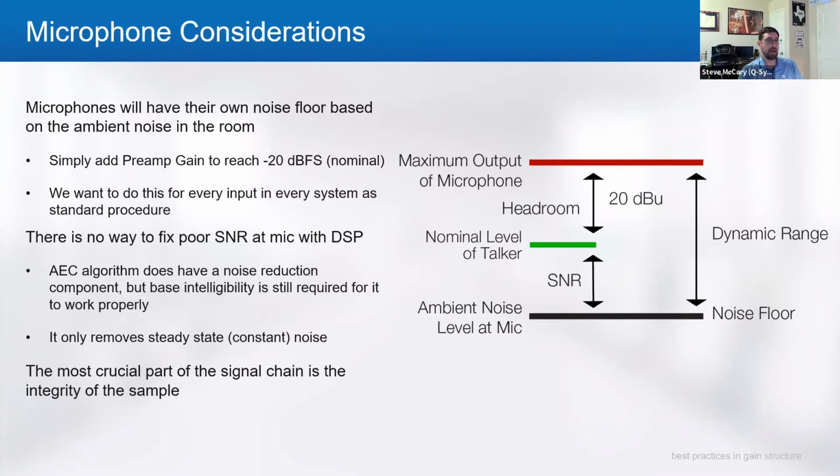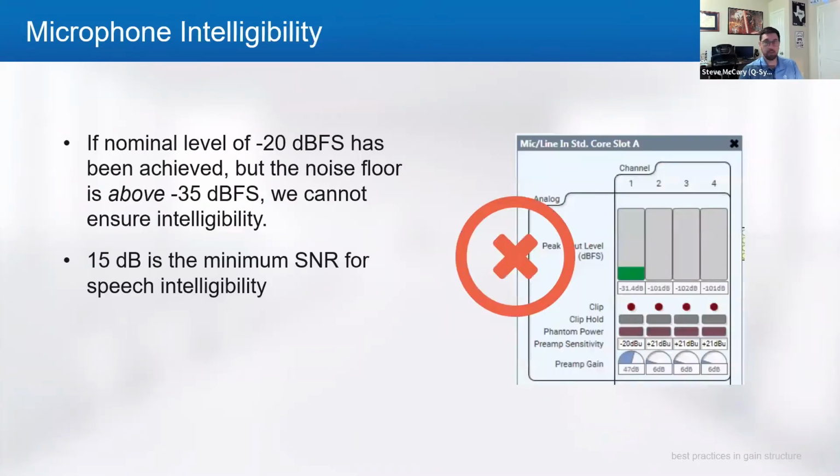So you've got to get that noise floor down before you bring it in. You've got to figure out how to quiet up that room a little bit, because we're not going to be able to get that much out of it once we get it into the system. So like we're saying in here, if the nominal level that we're shooting for is negative 20 dBFS and your noise floor is above negative 35, we cannot ensure our intelligibility.